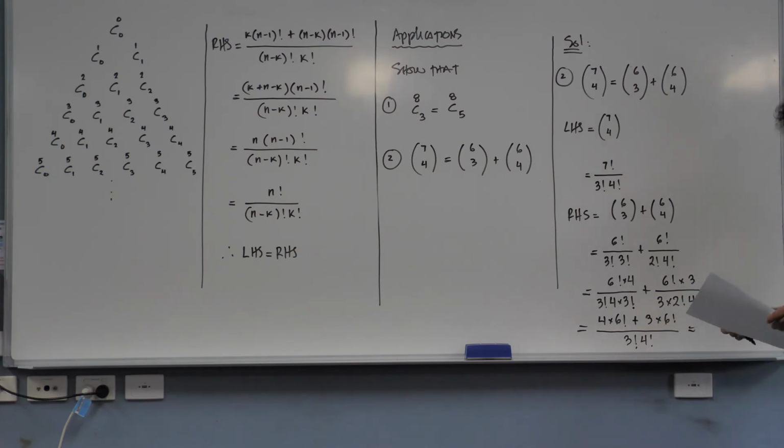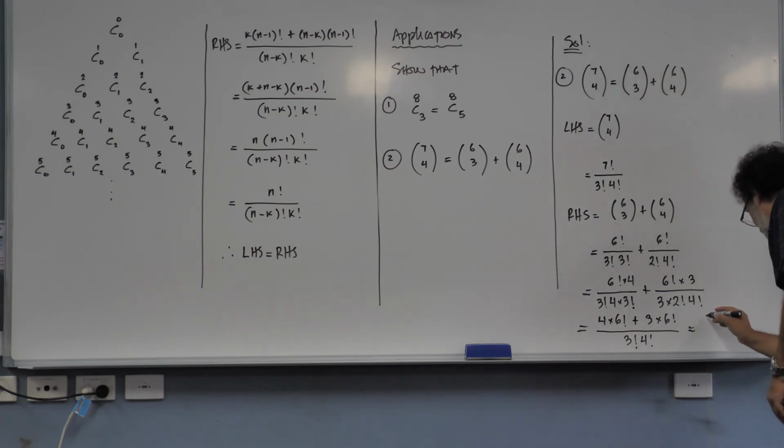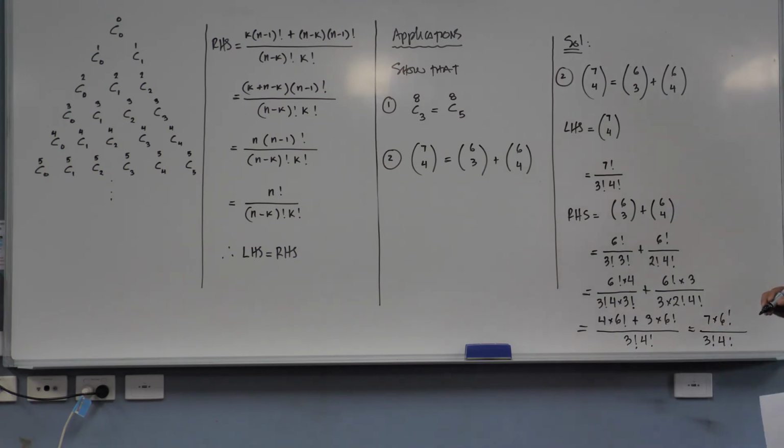How many 6 factorials are there? 7. And that is what we want. So we have 7 factorial divided by 3 factorial, 4 factorial.